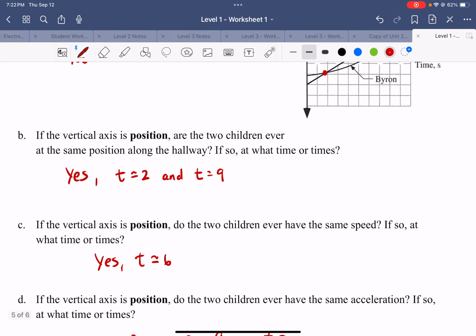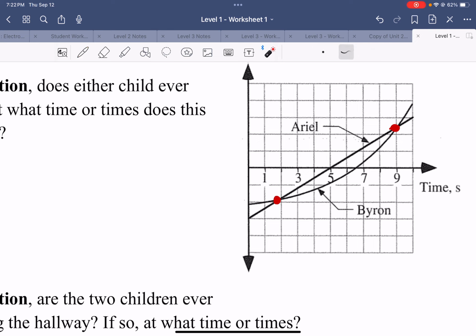So if we go back and look at the graph, there is indeed sometime, somewhere in this area where Ariel is going to have a positive velocity, Byron will have a negative velocity with the same magnitude, the same absolute value. And in that case, the two children will be moving in opposite directions, but with the same speed. And it looks to me like that happens somewhere just shy of 6 seconds. So maybe between 5.5 and 6 seconds.